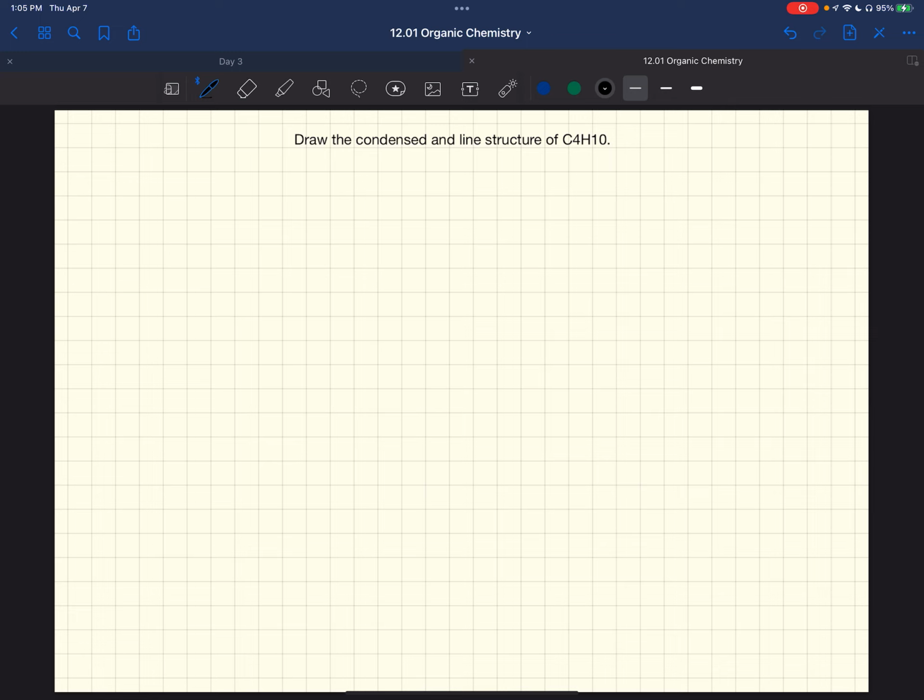So I want you to take a pause. Draw the condensed and line structure for C4H10. Give it a try. So condensed structure, and if you're paying attention, we just did this. This is butane again. We could do that, right?